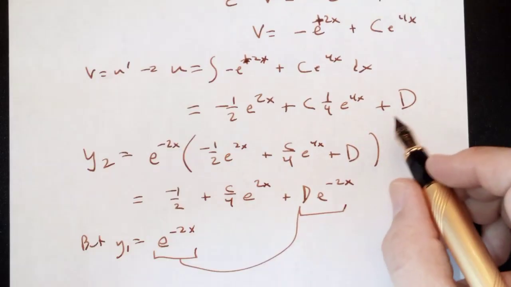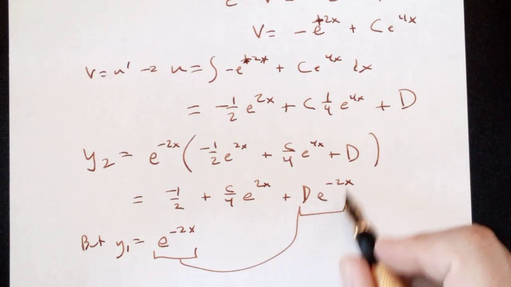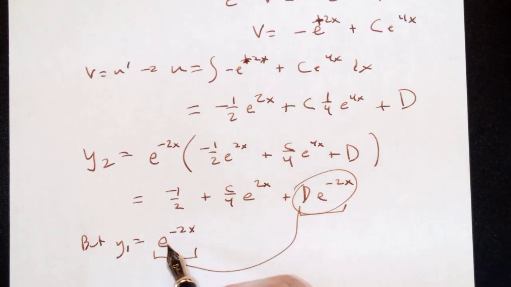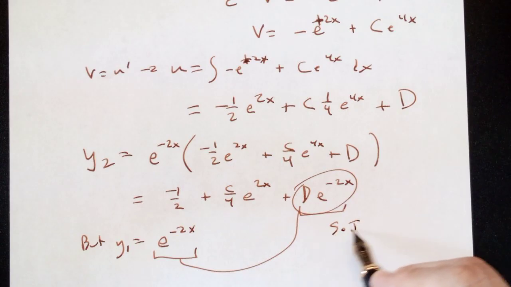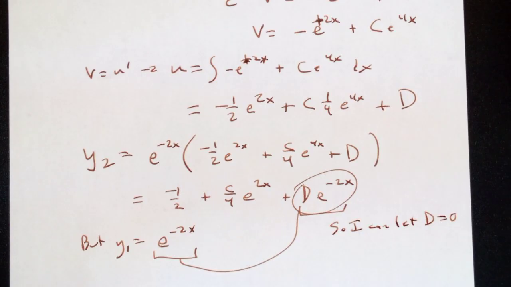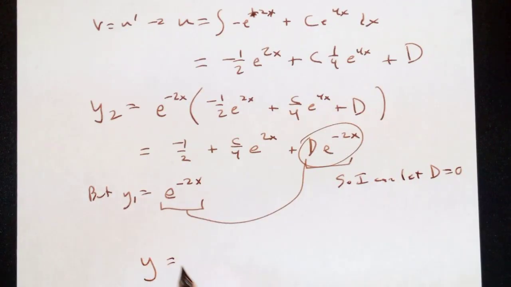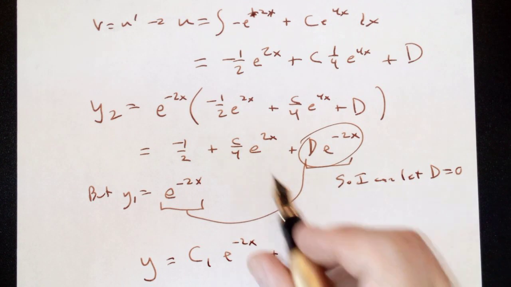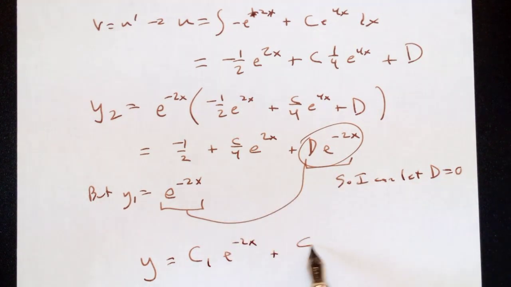That's why I can let this d be constant, because this piece is already covered by y1. Please notice that means my general solution, c1 e to the minus 2x, plus some other constant, e to the positive 2x, minus 1/2.